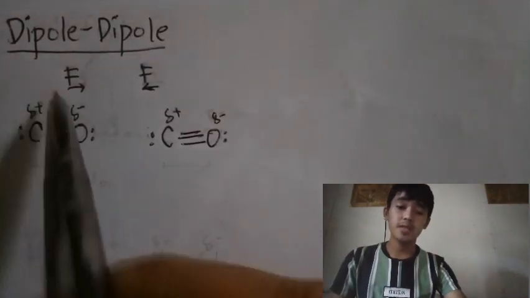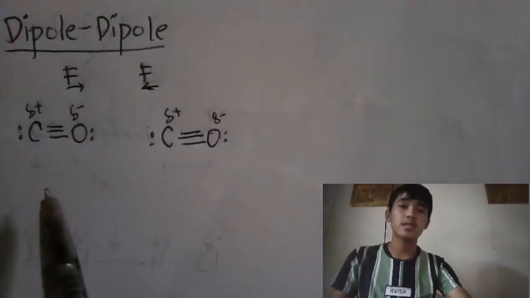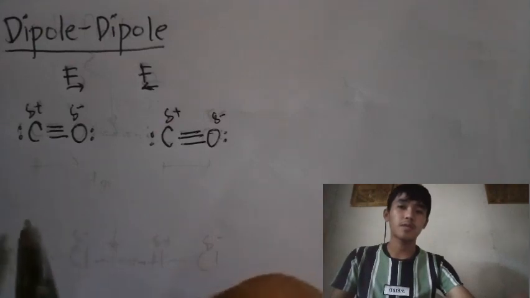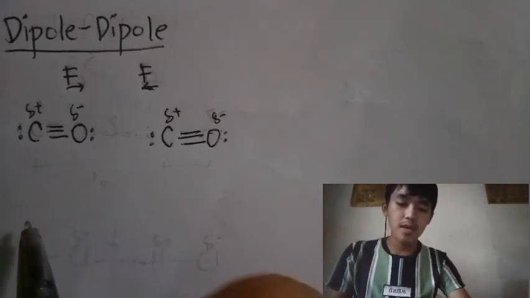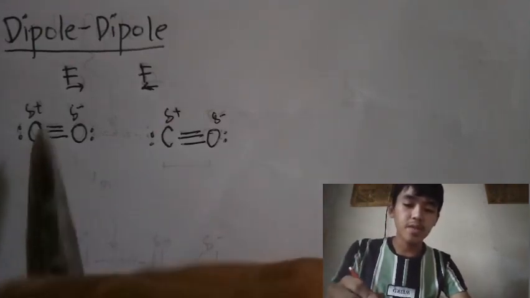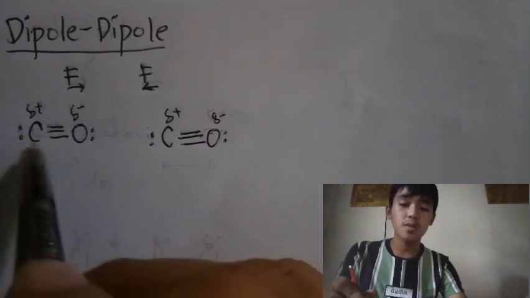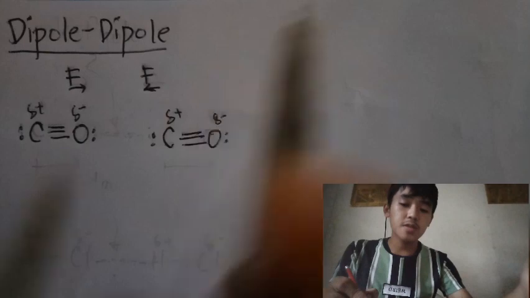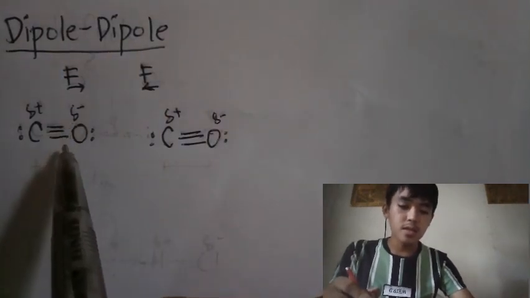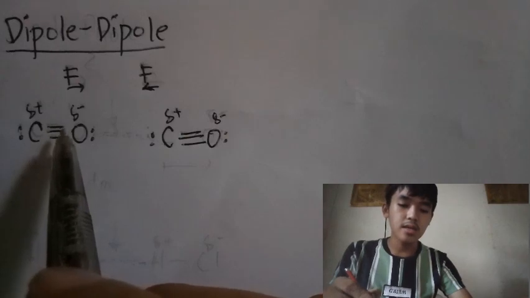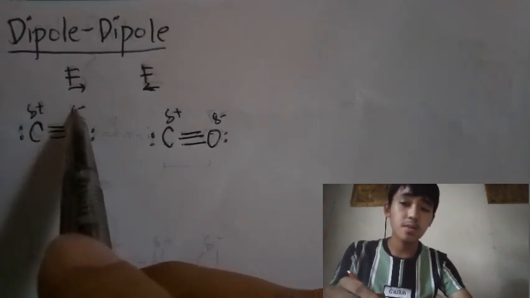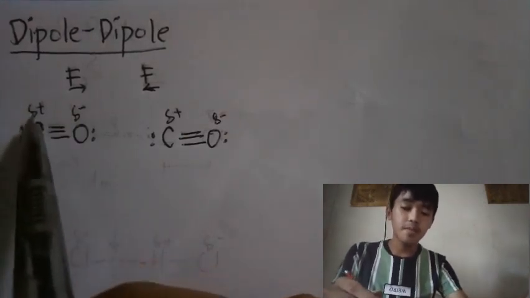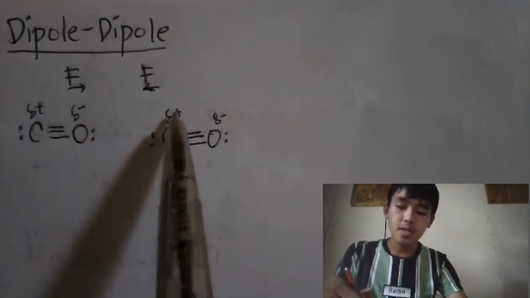Next we have the dipole-dipole interaction. As you can guess, it is an interaction between two dipole molecules or polar molecules. Again, we have the example of carbon monoxide, two carbon monoxide molecules. We said earlier that oxygen is more electronegative than carbon, so this oxygen will bear a negative partial charge, while carbon will bear a positive partial charge.